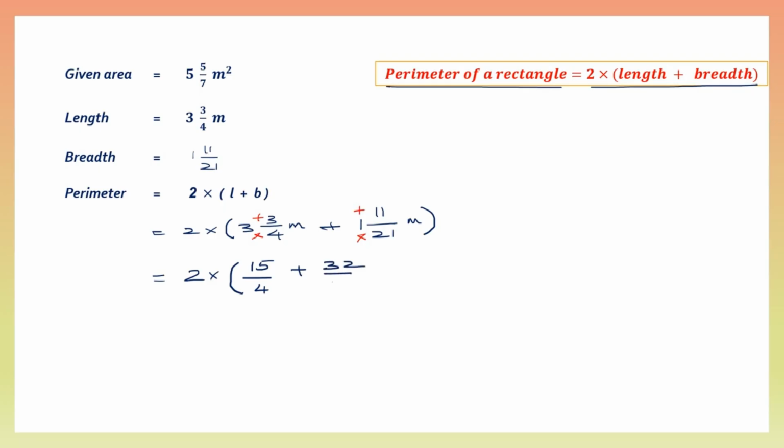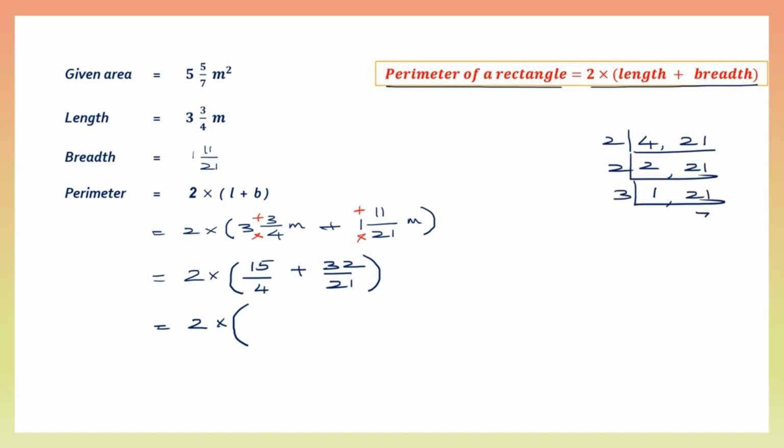32/21 meters. So now for this, we have to find the LCM. So let's continue with the brackets. LCM of 4 and 21. First we can use 2. 2 twos are 4, 21. Continue with 2. 2 ones are 2, again 21. This time we can use 3. 3 sevens are 21.